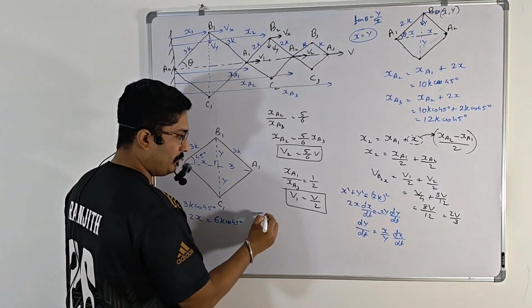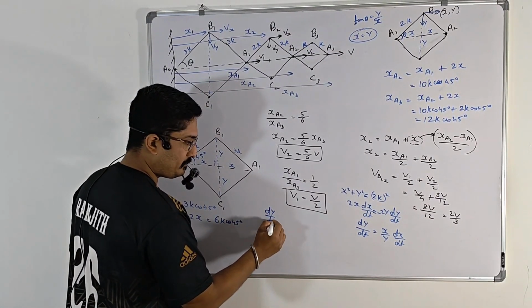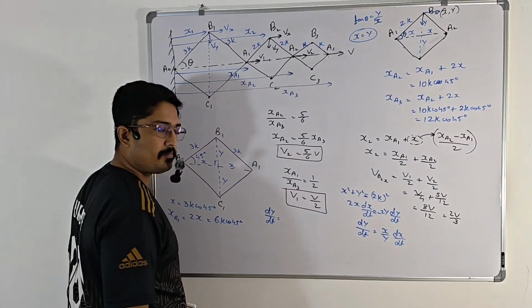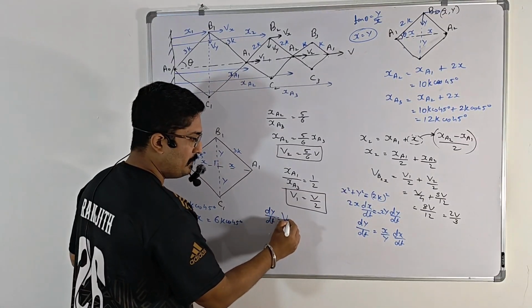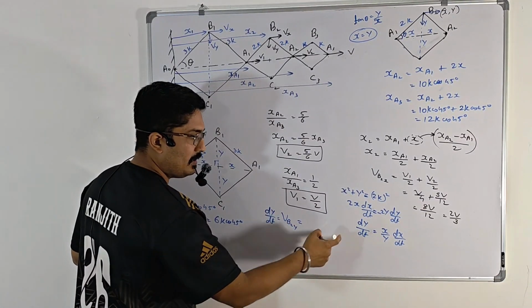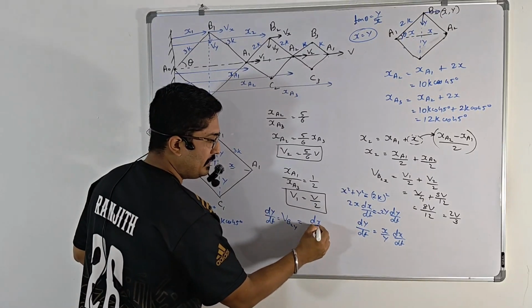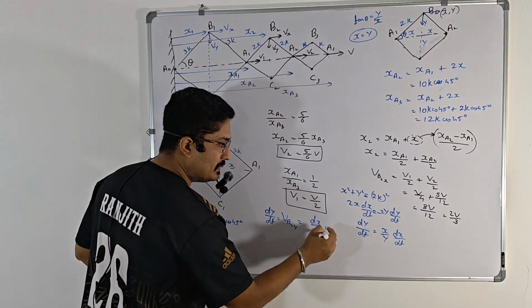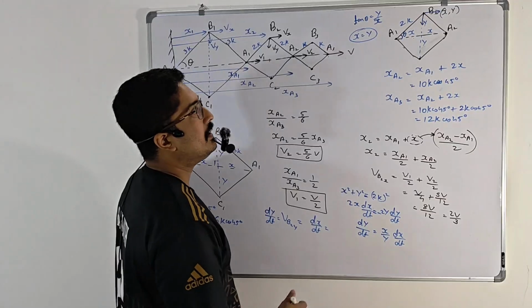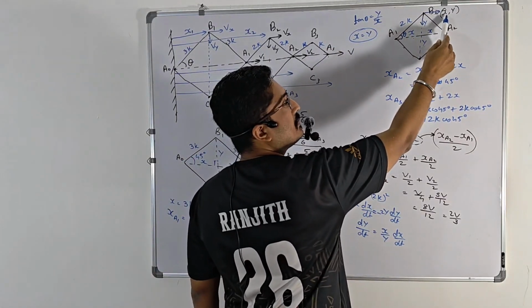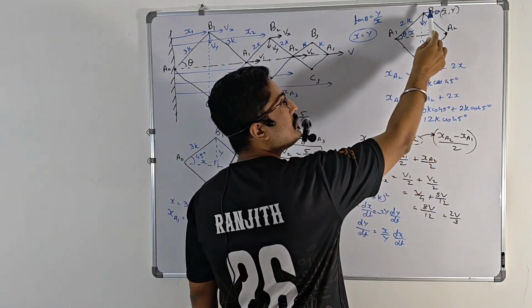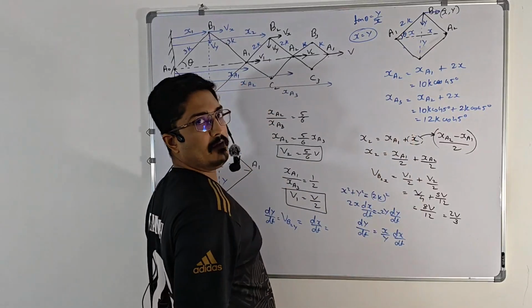Now what will then become? dy by dt, which let us call velocity of B2 in y direction, equals dx by dt. And what can you call this dx by dt? I told you earlier, x is nothing but the horizontal position of B2 with respect to A1.